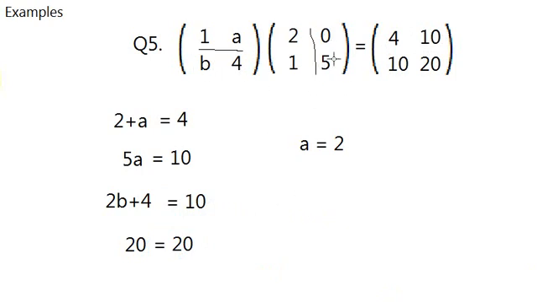Because B times 0 equals 0, so 0 plus 20 equals 20. And so the only clue for B is this one, so what we need to do is just solve the linear equation, and there you get B equals 3.